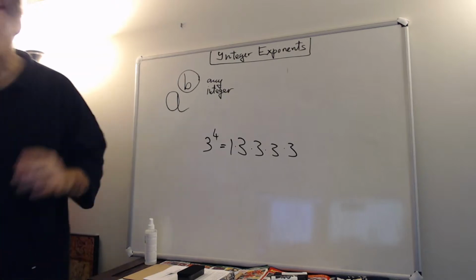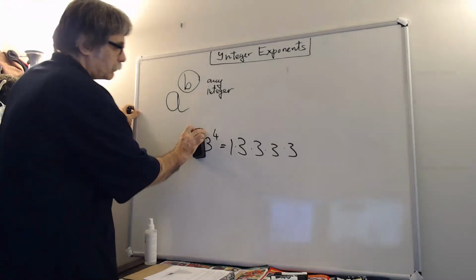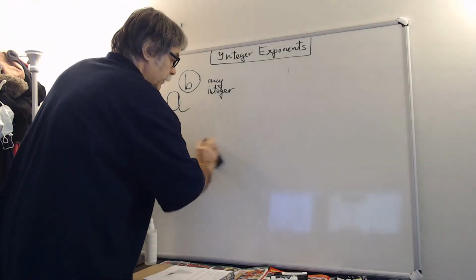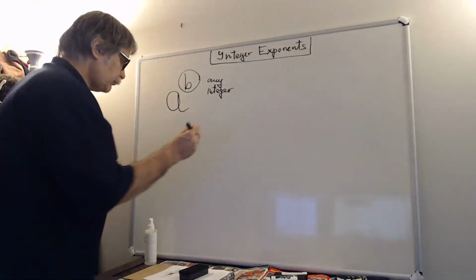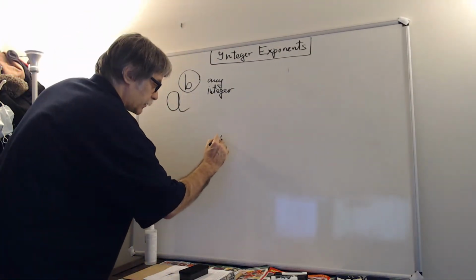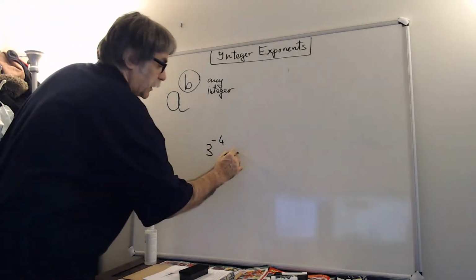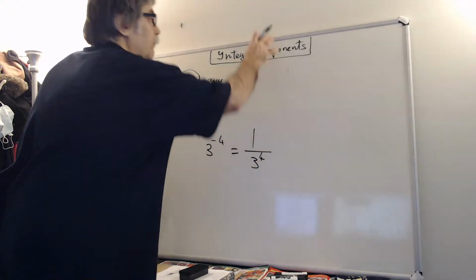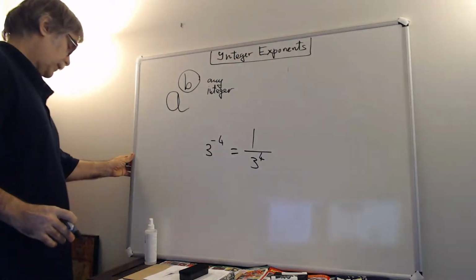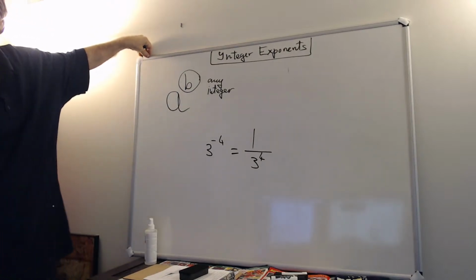Okay? Now, we also could have a negative number. And the idea when you have a negative power, so if 3 is with the power of -4, would be simply that negative means reciprocal. So you put this into reciprocal format, and now you have the same power you had before.